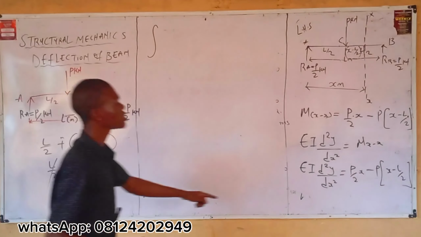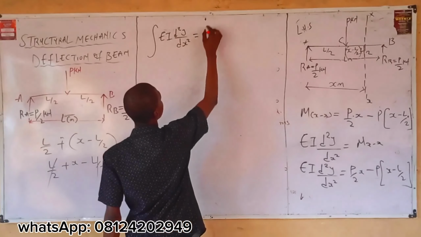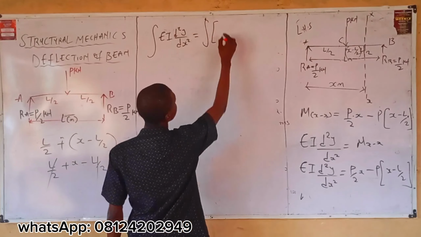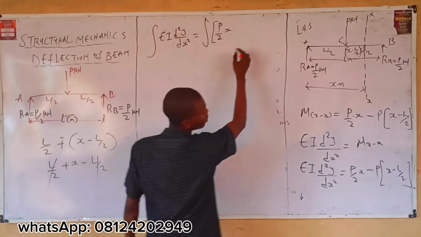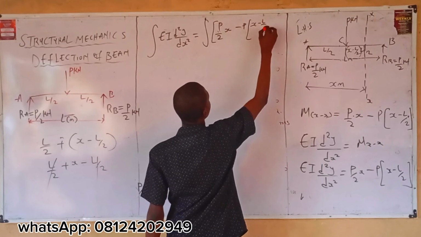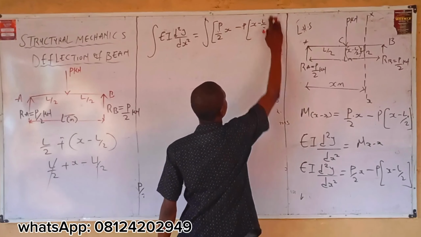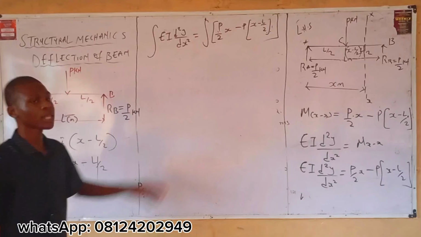Step 5 says that integrate both sides. Now integral EI d square y over dx square is equal to what? Integral all into bracket P over 2x minus P all into bracket x minus L over 2. Any question on that? Now let's integrate.